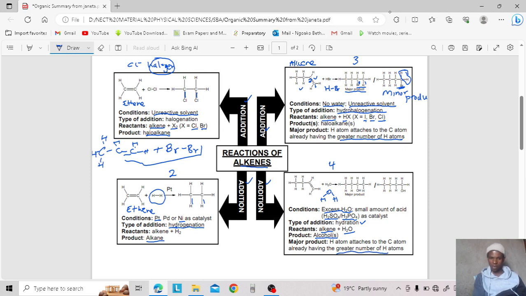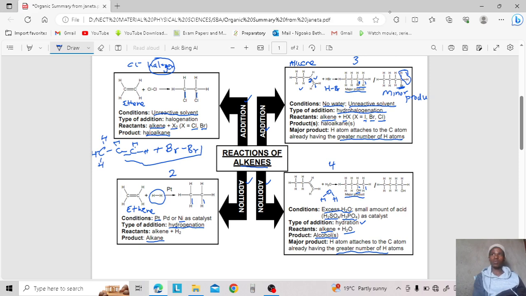So let's see what is happening. The bond will break again here between this one and this one. When the bond breaks, the hydrogen will go to the carbon that has a larger number of hydrogens. That's why OH goes on this one, and then we have the major product.